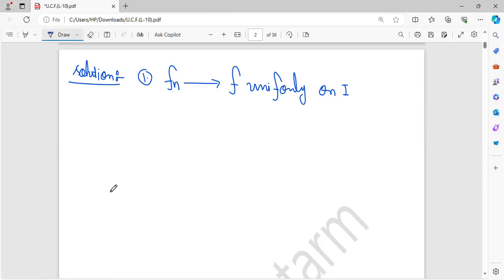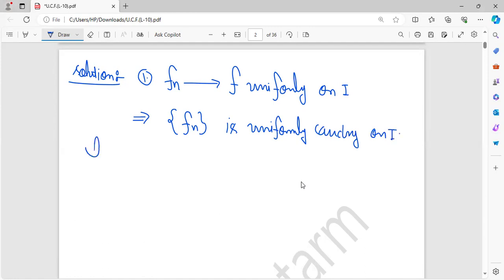So this implies f_n is uniformly Cauchy on I.